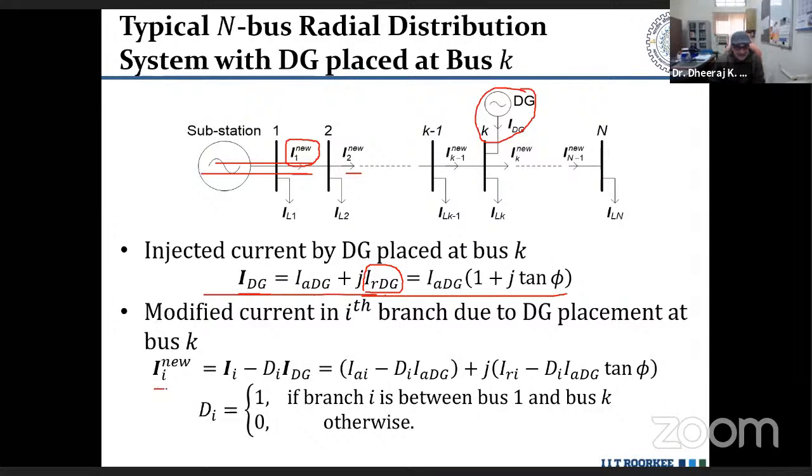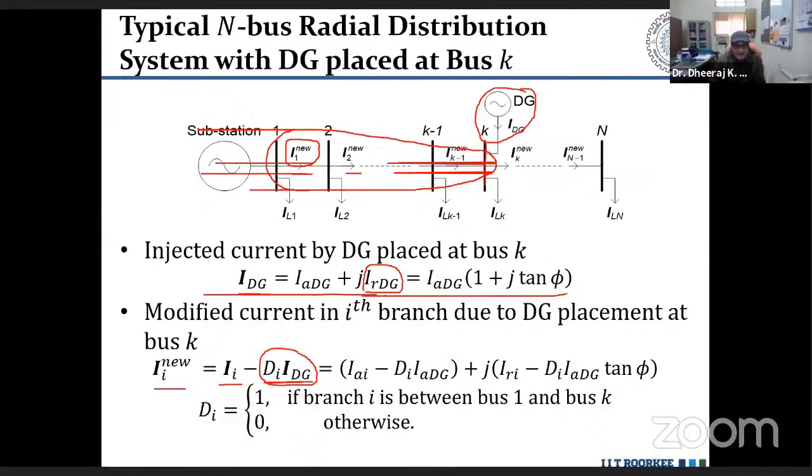Now the modified current through any branch i will be the previous current before DG placement minus this term. This term considers how many branches will be modified because of DG placement at bus number K. Suppose we are placing DG at bus K. All the branches between the substation bus and bus number K will see a change in branch current.